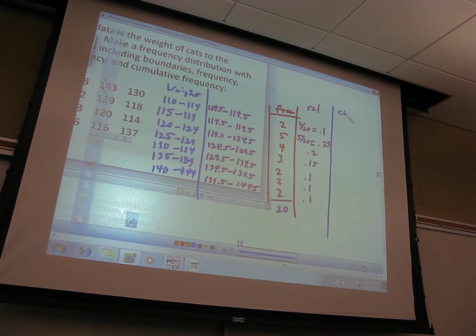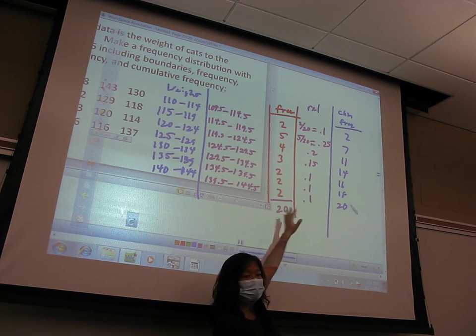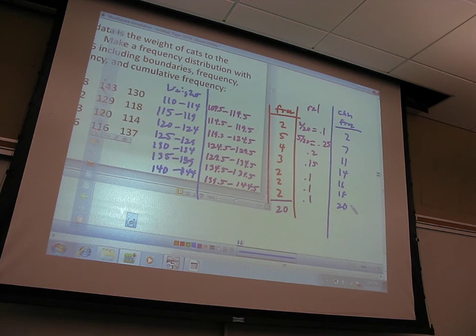And then the next one was cumulative frequency. 2, 7, 14, 16, 18. Everyone get this? We're getting this by adding all the frequencies up here. And then the last part was the midpoints.